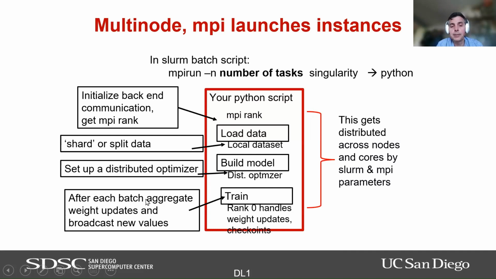After each batch is processed, there's going to be some aggregation of your weight updates, and there has to be some way to let every model know what those weight updates are. Typically your zero rank process handles these weight updates, and it also handles checkpoints. Only one of your model instances should be doing checkpoints.